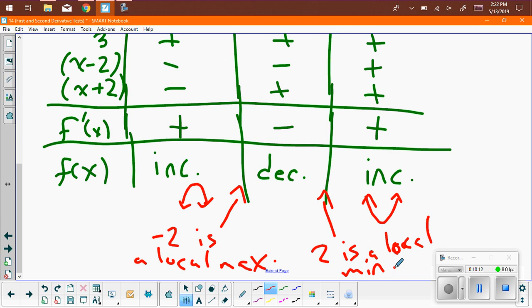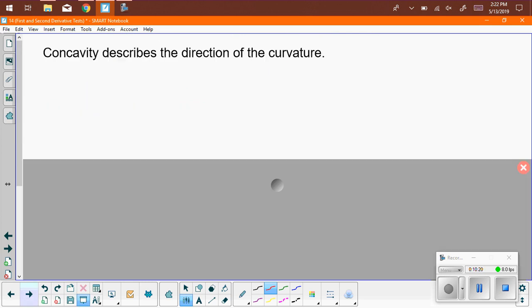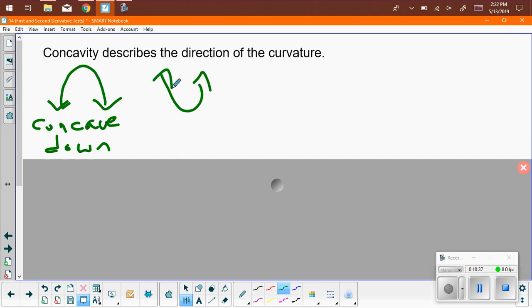The other thing we can talk about here is a bit about the curvature, because there's kind of two ways you can be increasing and decreasing. This is the idea of concavity. The basics of this is a brief example. If my function looks like this, this is concave up.